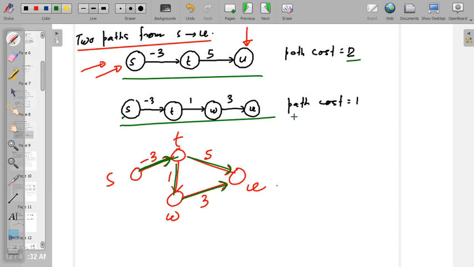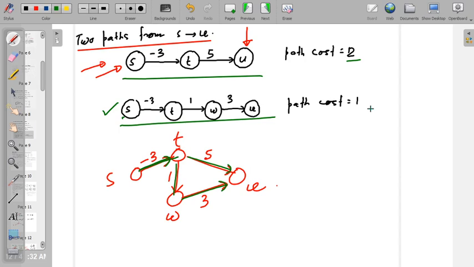And here the path cost is 3 plus 1 minus 3, 4 minus 3, that is 1. So if I am not converting, this is the shortest path. Are you with me or not?